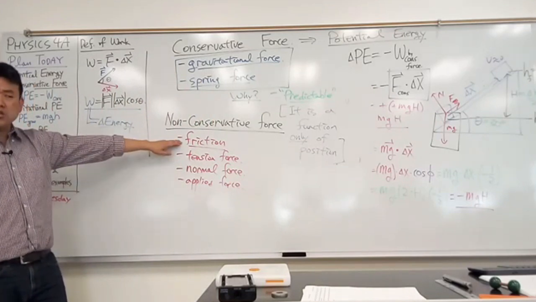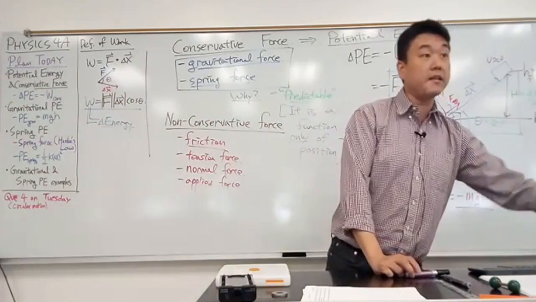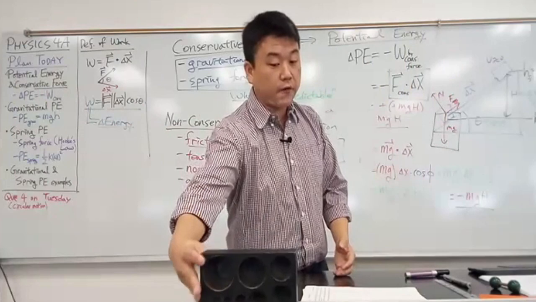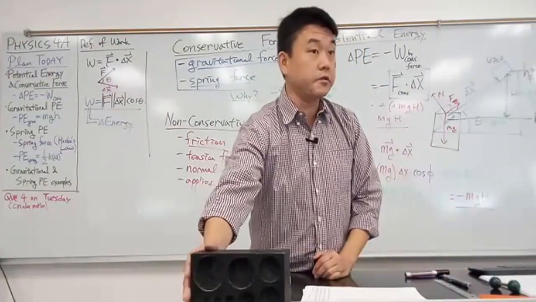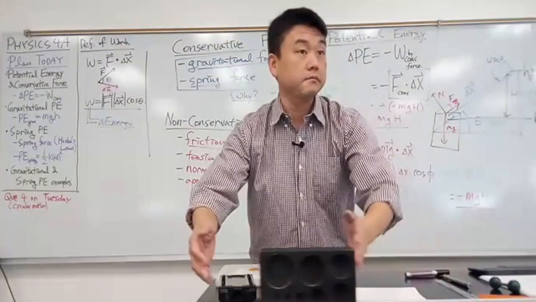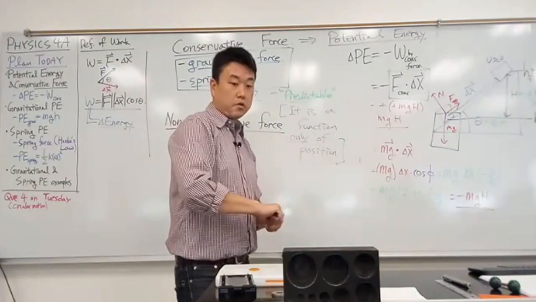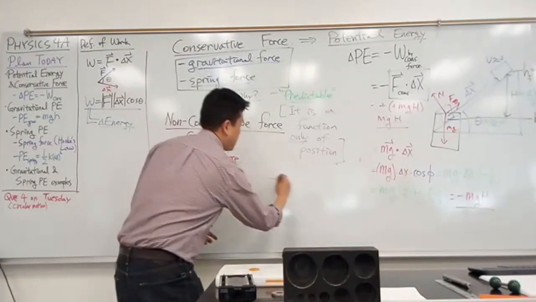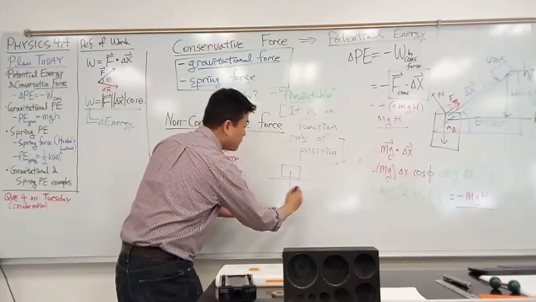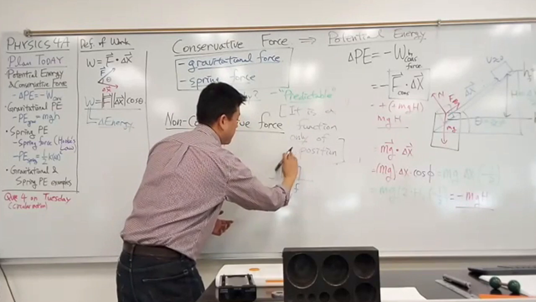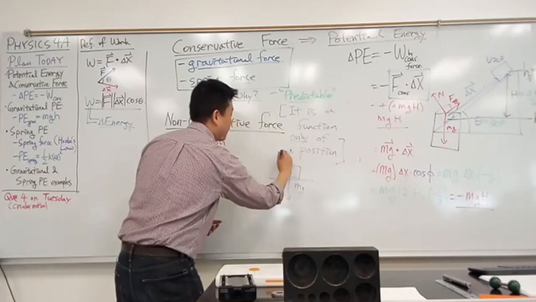Friction: what is it a function of other than position? Especially, let's think about kinetic friction. What is it a function of other than position, that we don't consider friction to be a conservative force? What else does it depend on? Okay, it depends on normal force, but when you look at the situation here, the block is here, friction, and downward is gravity, mg, thank you, and normal force.